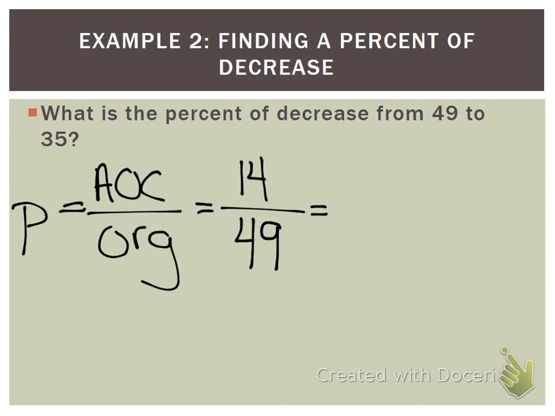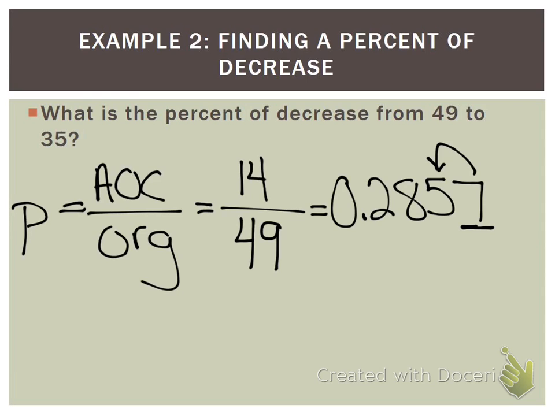Now change this to a decimal. Put it into your calculators. Did that decimal come out nicely? No, it didn't. It keeps going and going. We learned earlier in the chapter that we go out 4 decimal places, 2, 8, 5, 7, and we use the 4th one to round to the 3rd decimal place.